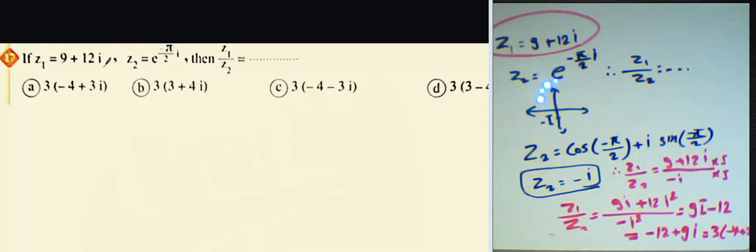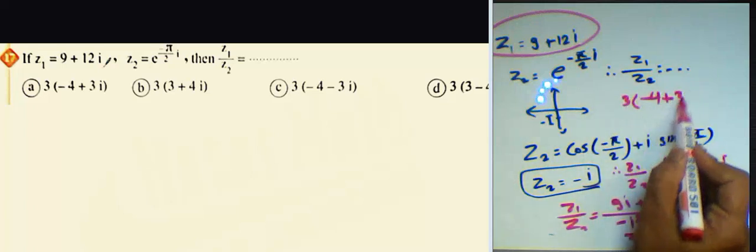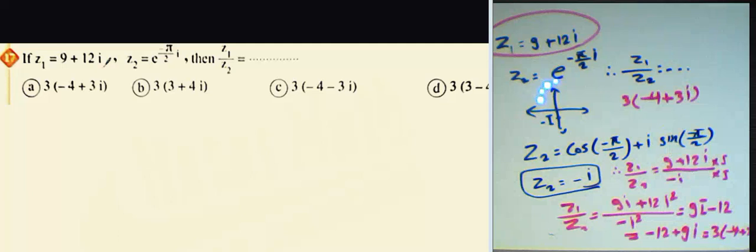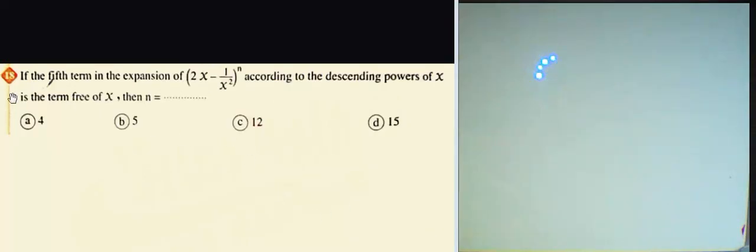The result will be 3 times negative 4 plus 3i. Choose letter A. Question number 18.